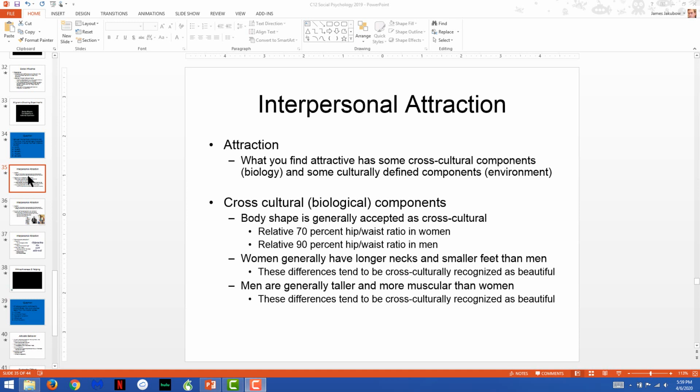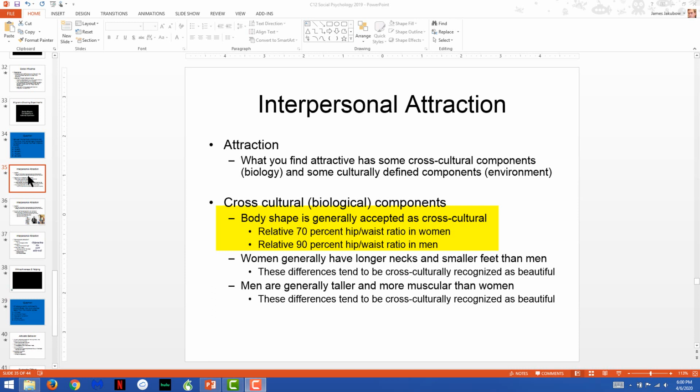So in terms of what men find attractive, there's generally relatively a 70% hip to waist ratio in women that they find maximally attractive. And when women are evaluating men, there is a relative 90% hip to waist ratio in men that seems to stand out in particular.